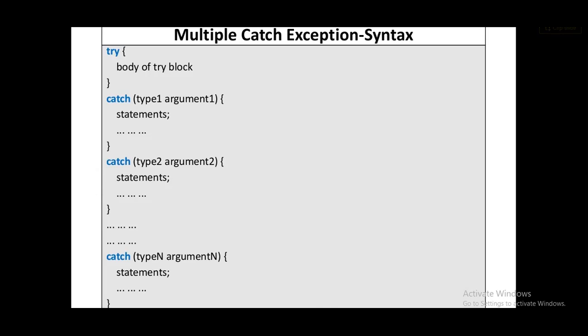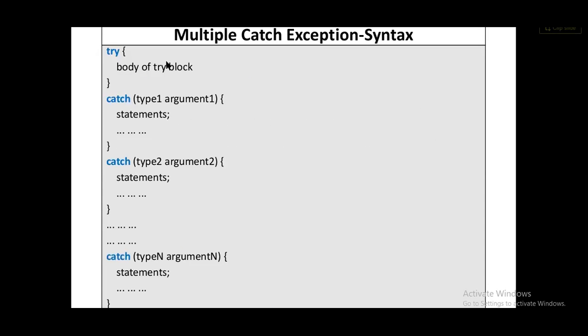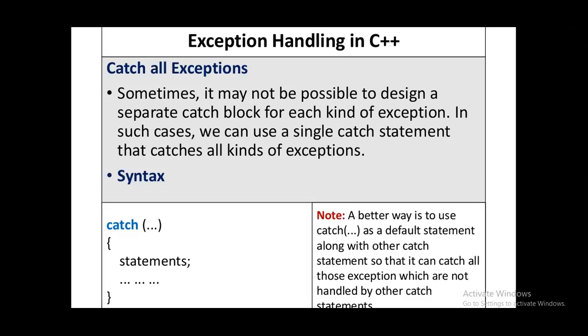So there are some programs where there can be different scenarios. So what we do, we write multiple catch exceptions. So this is the try block, and we write multiple catch exceptions. In this way you can make sure that in your program, no matter what type of error there is, you can always solve the problem.